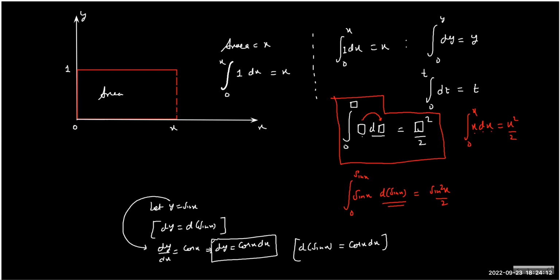Okay, if you are not comfortable, I'll just use the chain rule. Can we write this as d by dx of sin x into dx? Is it the same thing? Yes or no? Is it the same? By chain rule, we can write this as the same, isn't it? Yes, sir. And we know d by dx of sin x is how much? Cos x, right?